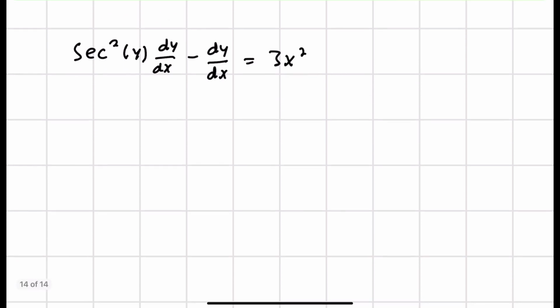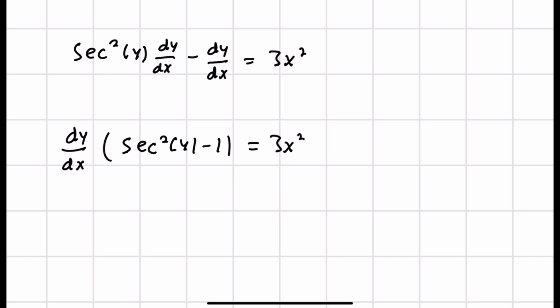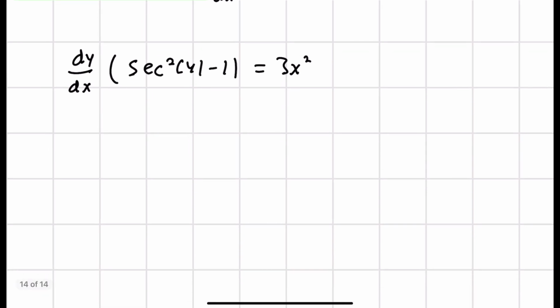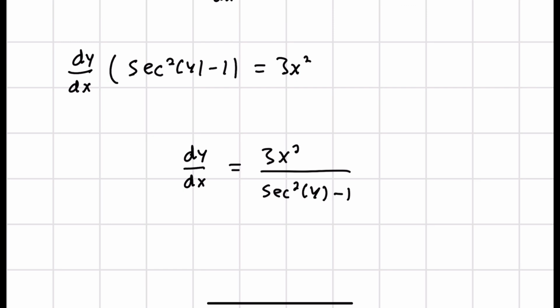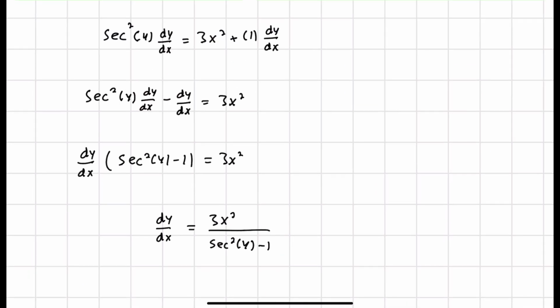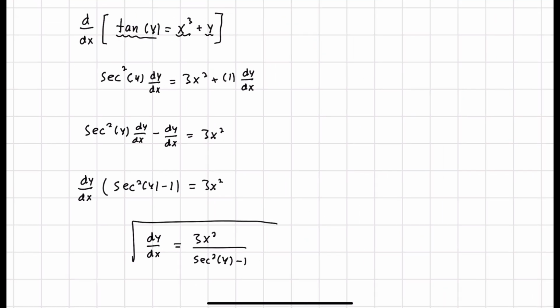Now let's factor out dy over dx. So we have dy over dx times (secant y squared minus 1), and this is equal to 3x squared. Now let's isolate for dy over dx. So we have dy over dx equal to 3x squared over (secant y squared minus 1). And this gives us our final answer.